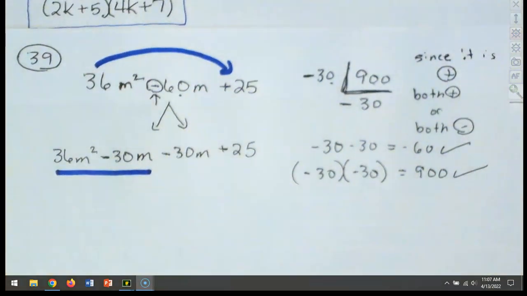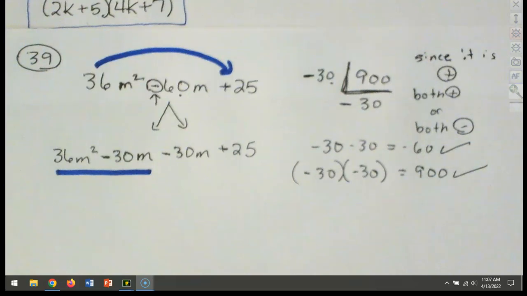Factor. We have to make sure we take out the largest number in common. So we've got a 36 and a 30. What can come out? Well, we wouldn't want to take out a 2 because we can take out something bigger.